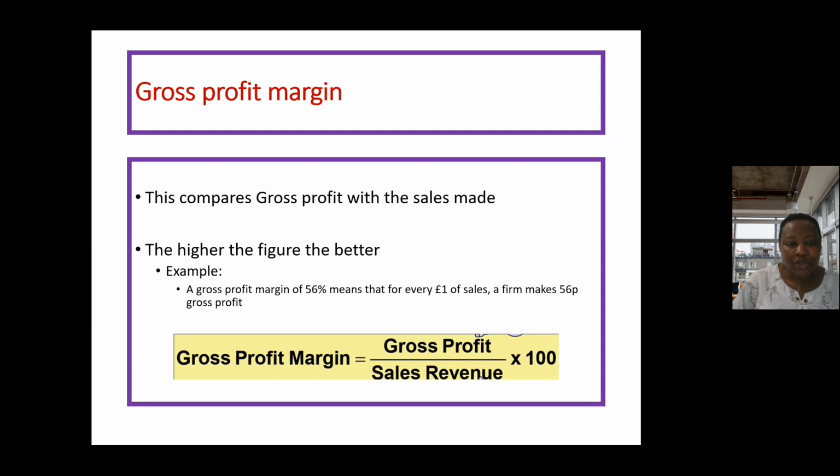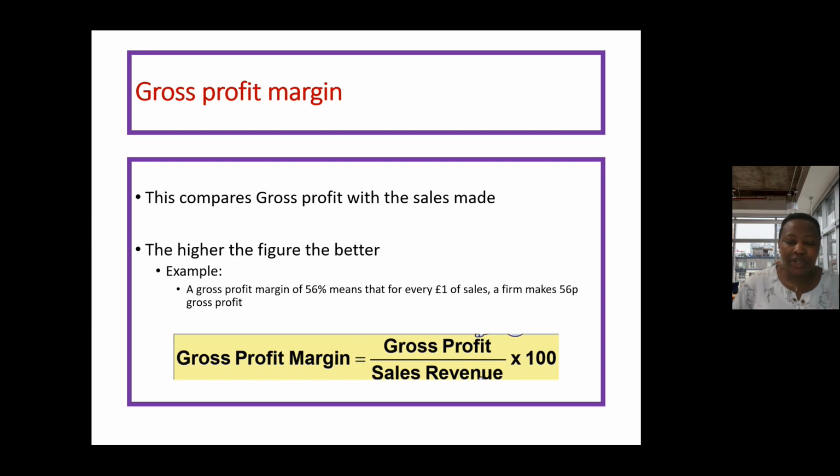What the gross profit margin does is that it compares your gross profits with your turnover, your sales revenue. The gross profit you have, you compare it to the amount of sales that you have made. And your gross profit, as we know, is your sales less your cost of sales.